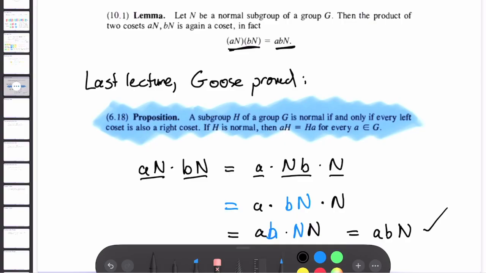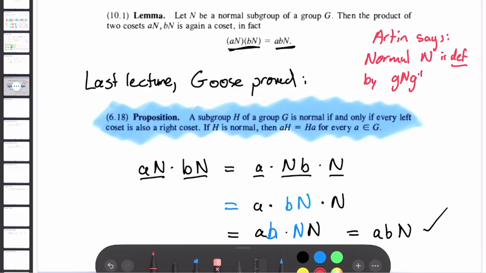But Artin makes the choice that normal means, or is defined by, gNg inverse equal to N for all g.